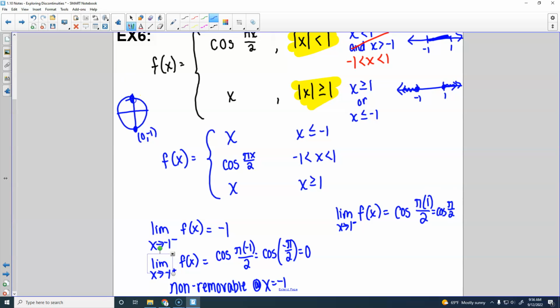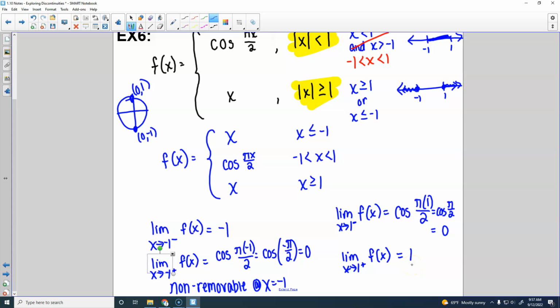Pi over 2 is right here. That's (0, 1). What's the value for that? It is 0. The limit as x approaches 1 from the right of f of x, we just plug into that x right there, so we just get 1.